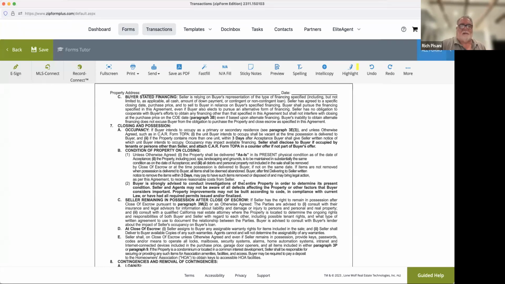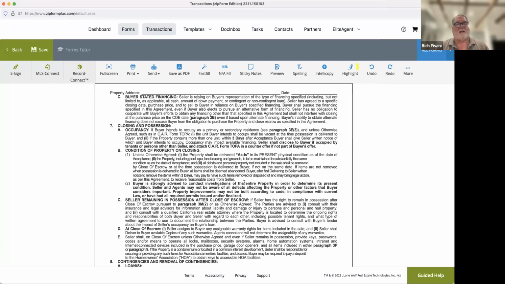Closing and possession. If seller intends to occupy as primary or secondary residence, or unless otherwise agreed, that goes into TOPA. That talks about occupancy, that it's important really to disclose what kind of occupancy. Condition of property on closing. 7B1, remember this paragraph, 7B1, unless otherwise agreed, the property shall be delivered as is.